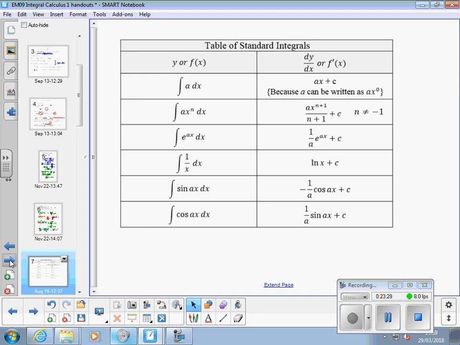Sin ax is minus 1 over a cos ax plus c, and cos ax is 1 over a sin ax plus c. They're all opposites of what we had in the other table.